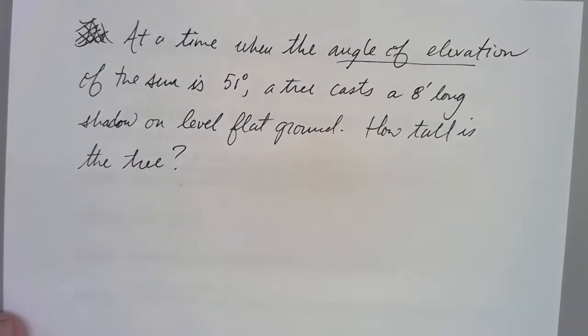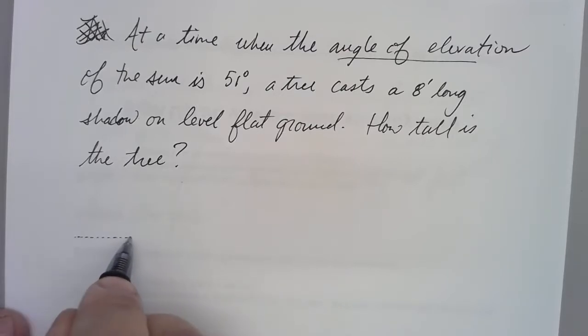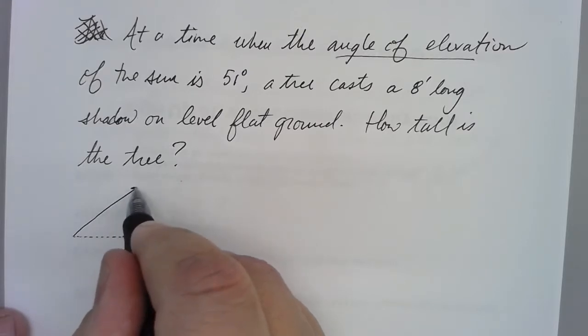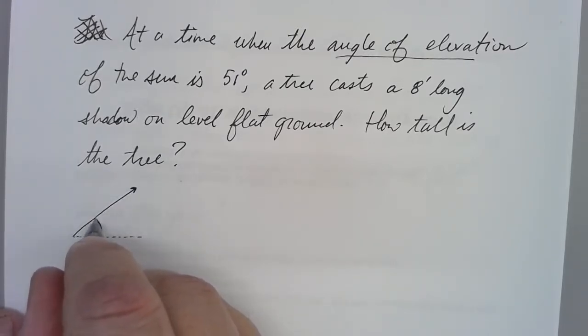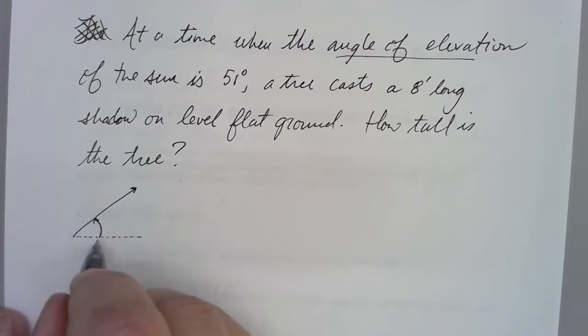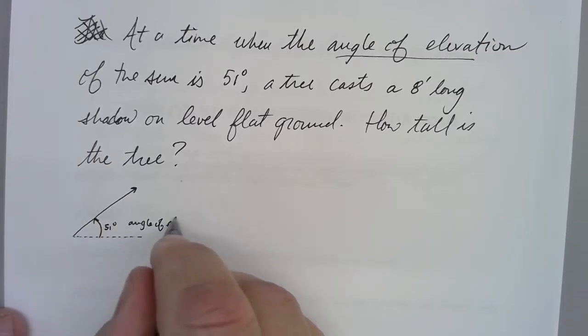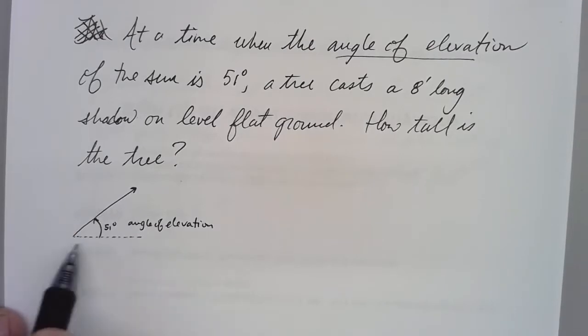Angle of elevation is simply, if you imagine a horizontal line, and you're looking at something up in the sky or above you, the amount of degrees you have to turn up from horizontal is called an angle of elevation. And it's always in reference to a horizontal line.